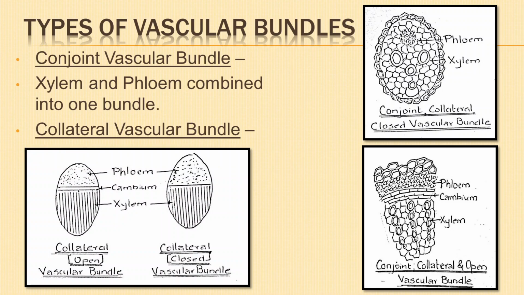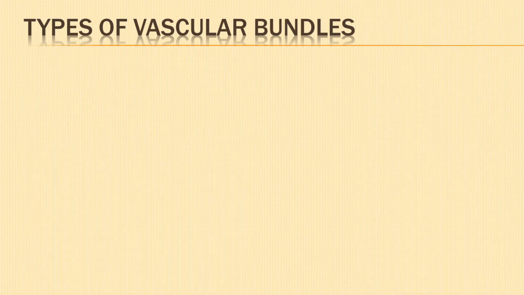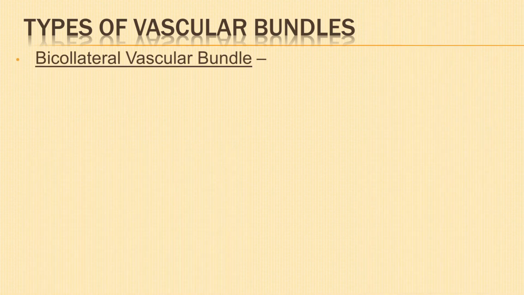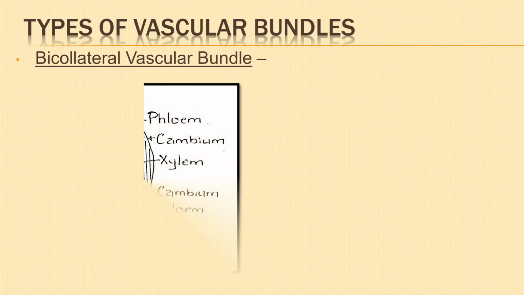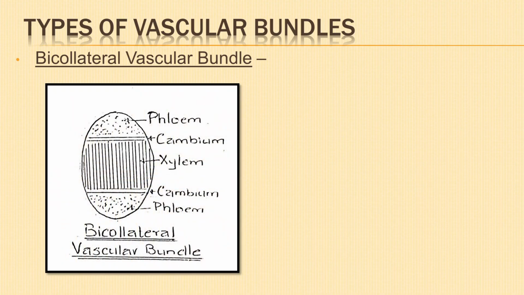When in a collateral bundle, the cambium is present, it is said to be open collateral vascular bundle. Example, dicot stems. Bicollateral vascular bundle. In a collateral bundle, both phloem and cambium occur twice. Phloem is situated on the peripheral and inner side of xylem.